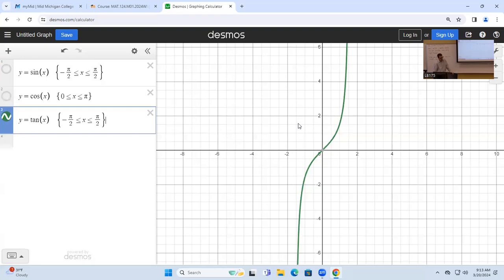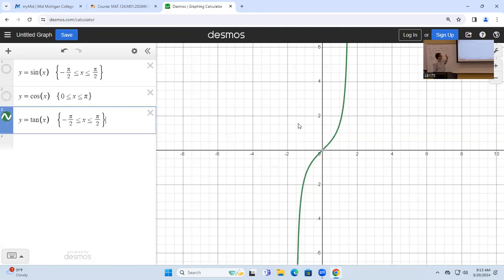So all of this is just to say we have to define our sine, cosine, tangent on a specific domain in order for the inverse sine, inverse cosine, and inverse tangent to work.